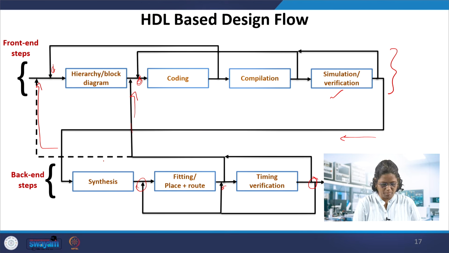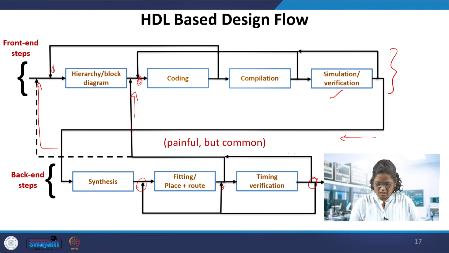So this is the backend step: the synthesis, fitting, and place and route, also the timing verification. When an error occurs, if it only needs a change in the code, that is okay, that is common, and we can change it at that stage.